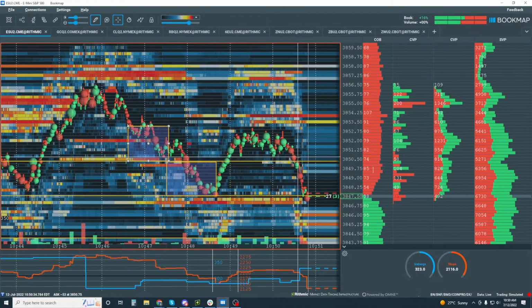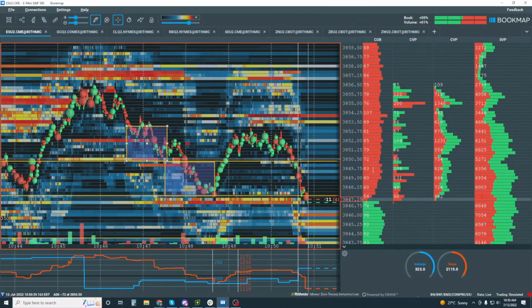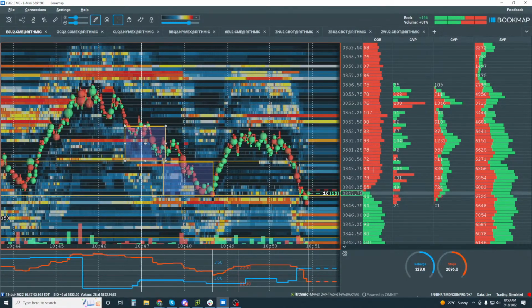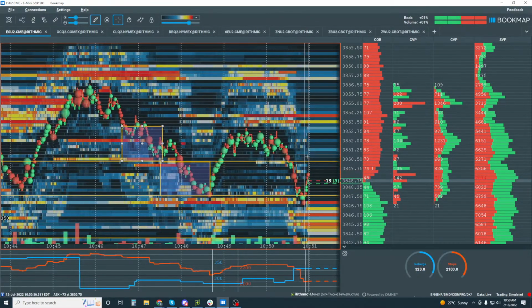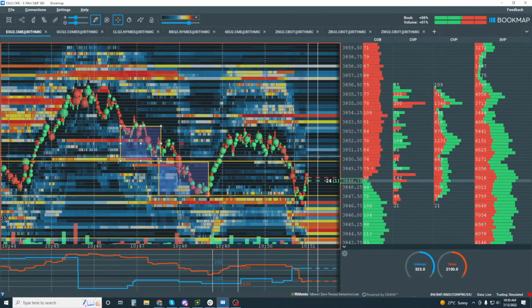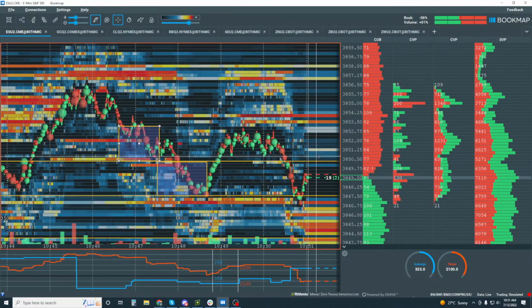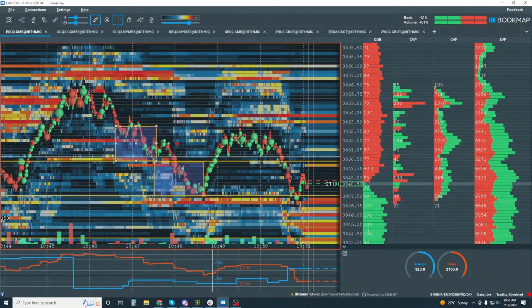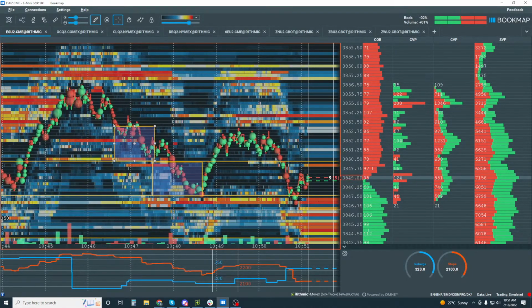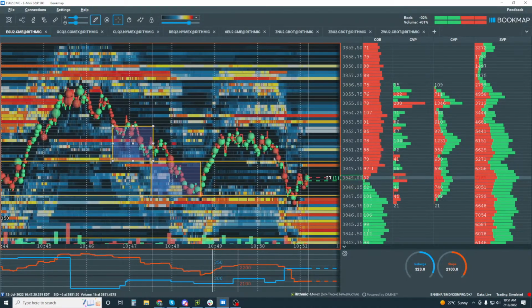Now, these are not trade recommendations. These are just looking at order flow, reading the order flow, and looking at practical uses of reading the order flow. Okay, so going through just one example here.